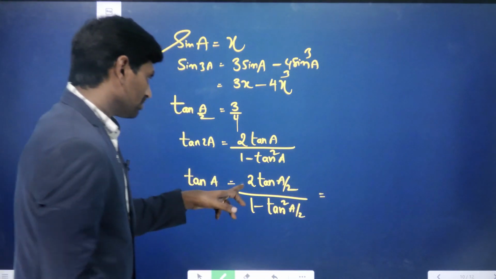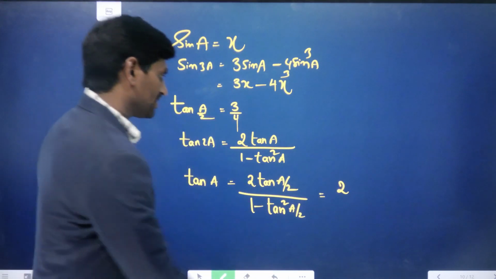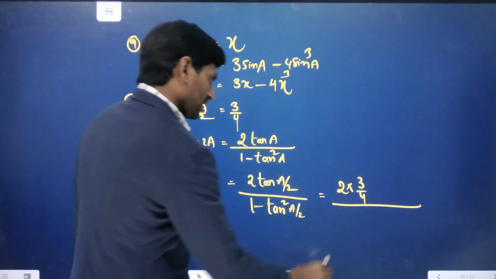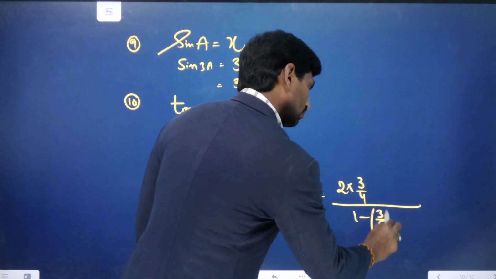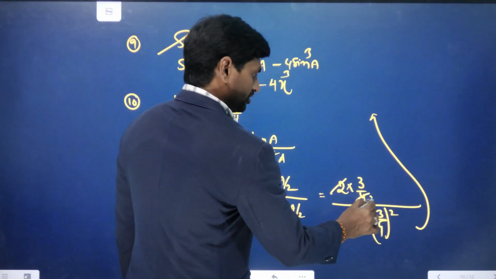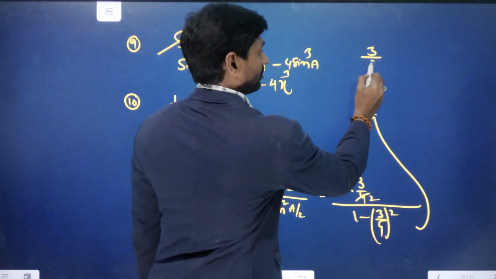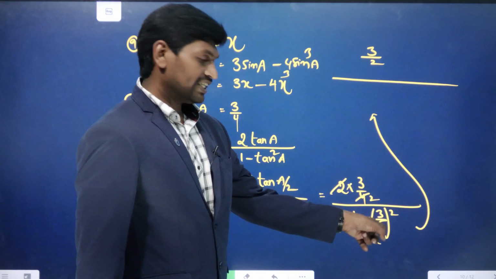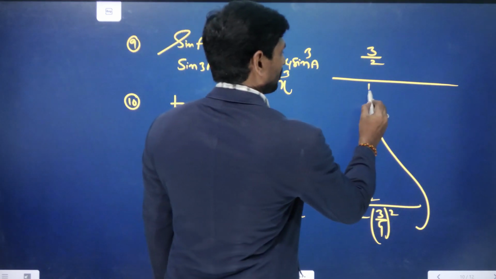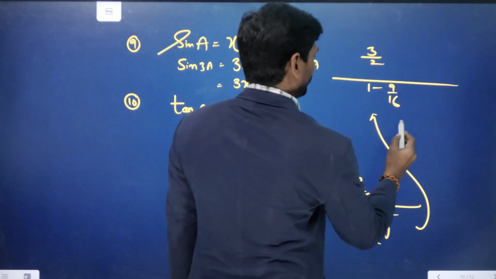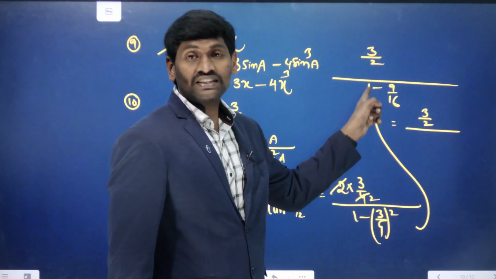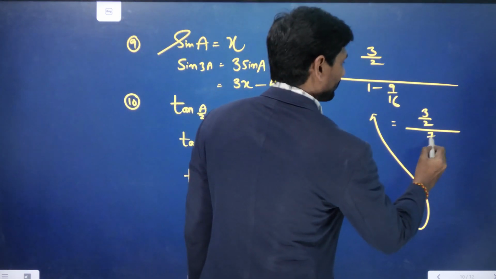Now substitute the values. Tan A by 2 value is 3 by 4. So 2 into 3 by 4 by 1 minus 3 by 4 whole square. Numerator and denominator, 2 cancels 2 times. So the numerator is 3 by 2, divided by 3 by 4 whole square, which means 9 by 16. 3 square is 9, 4 square is 16. 1 minus 9 by 16, try to simplify. 16 ones are 16, 16 minus 9 is 7 by 16.